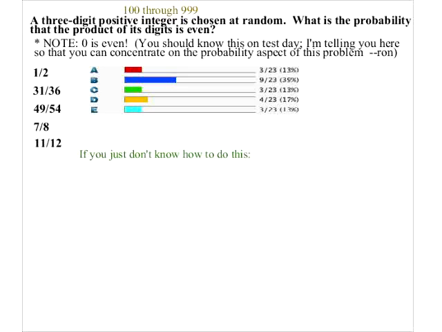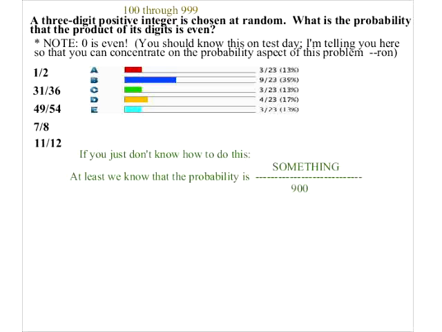At least we know that the probability is something out of what number? Like what's the denominator of this? We'll see if you guys can figure out where we're going with this. Yeah, it's out of 900.